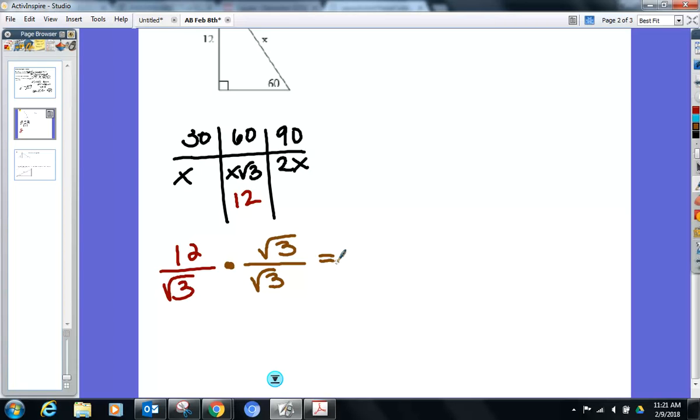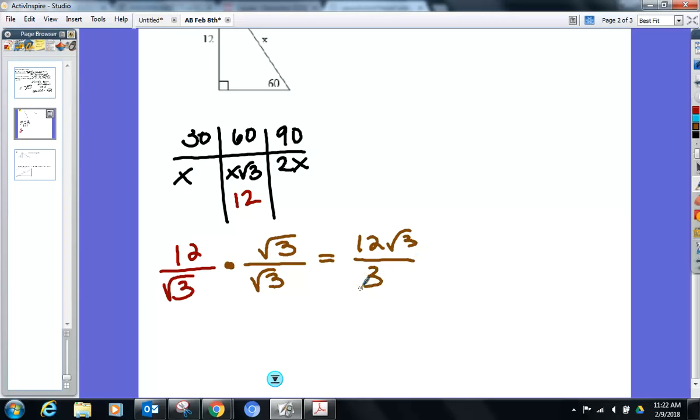On top, what do you end up with? Numerator times numerator: 12 radical 3. And then watch what happens on the bottom now. Radical 3 times radical 3. It's radical 9, which is what? 3.